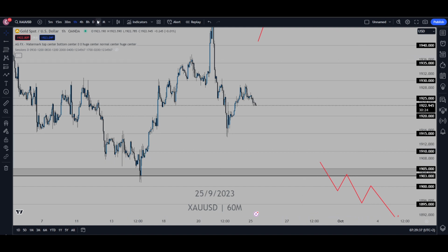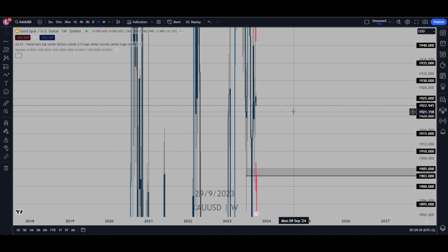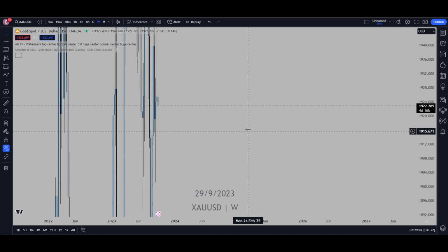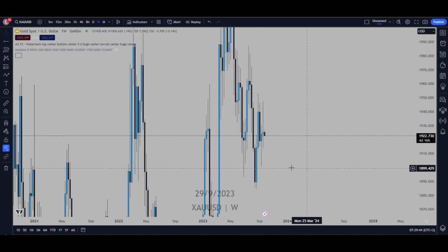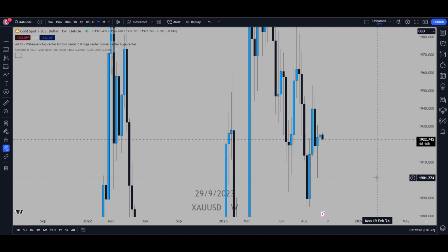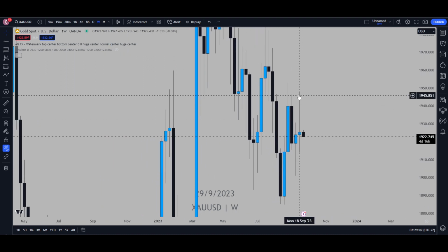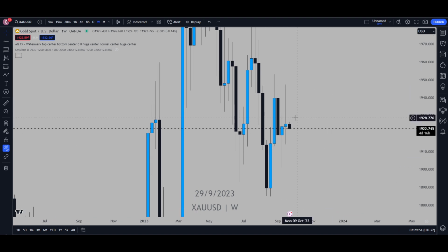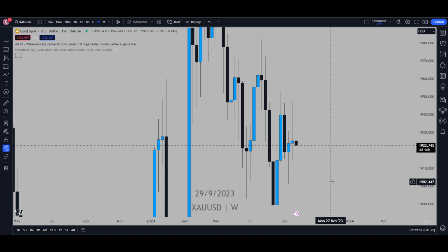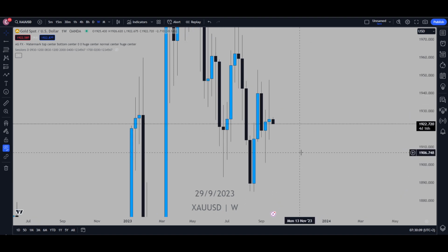What I didn't do here was zoom out to the weekly candle, so let's just have a quick look at that. Now your weekly candles are a little bit messy. That candle last week did get the push to the upside into the 1950s, but we have closed bullish as well, but we've seen price leave behind a strong wick to the upside here, looking like potentially more of a rejection.